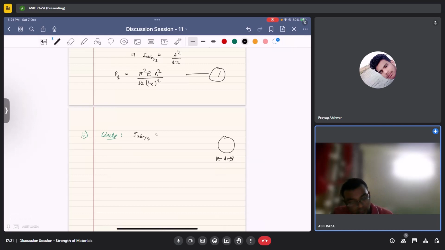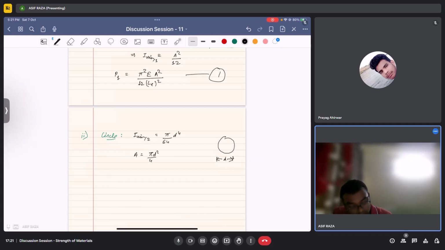So, for a circular cross section, second moment of inertia is given as pi d to the power 4 by 64. And area for a circular cross section with d as the diameter is pi d square by 4.